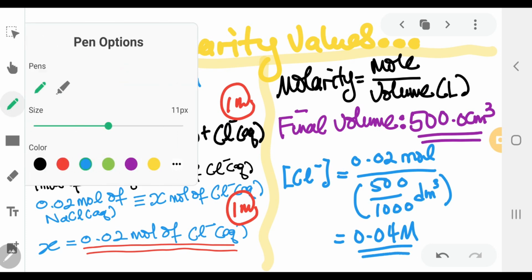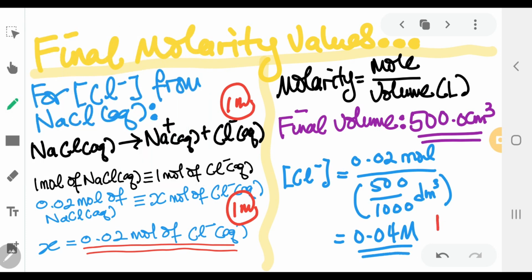That is the molarity of Cl minus. You get 1 mark here, and you get 1 mark for the equation that we have done for the formula.